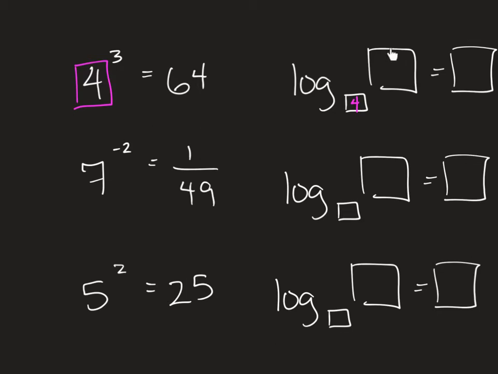The next thing in the log equation is what we call the argument, and that is like what this is equal to. So in this case, the 64 is going to go here. And again, since logs are exponents, the exponent is what the whole log is equal to. So maybe pause the video real fast and see if you can figure out what these two would look like, and then I will go through them.